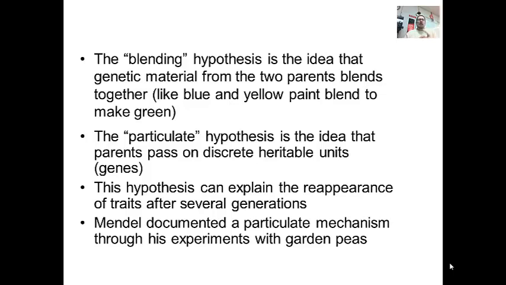Well, there were the same questions for Mendel and those who believed in the particulate theory, that you get discrete units, which we now know are genes on the chromosomes from your parents. And when we look at things like incomplete dominance in future videos, it also supported blending in a theory.